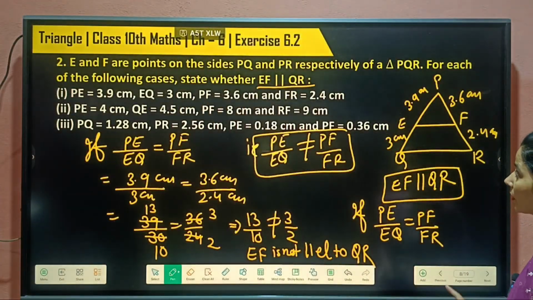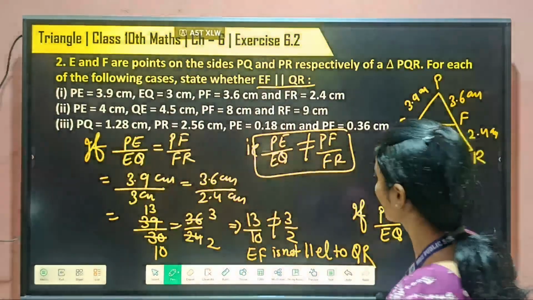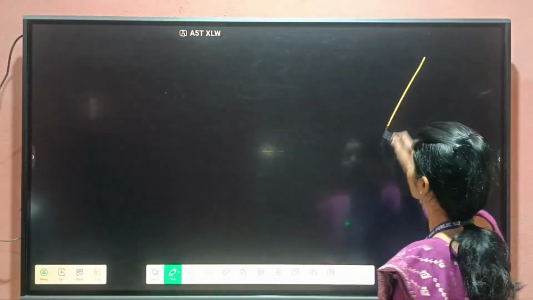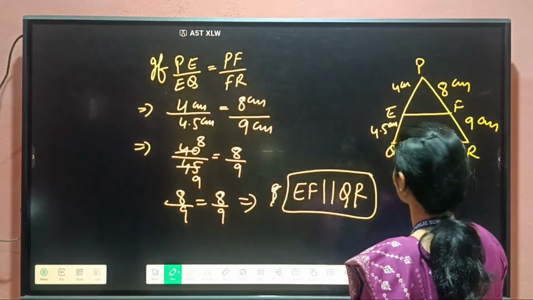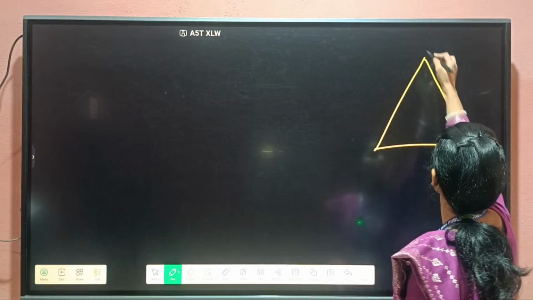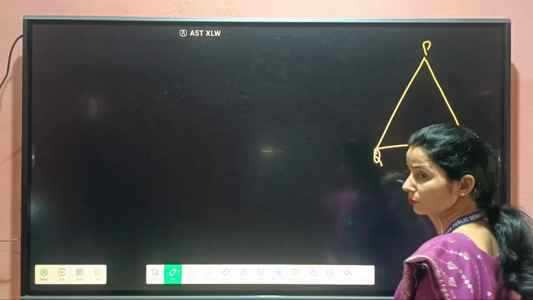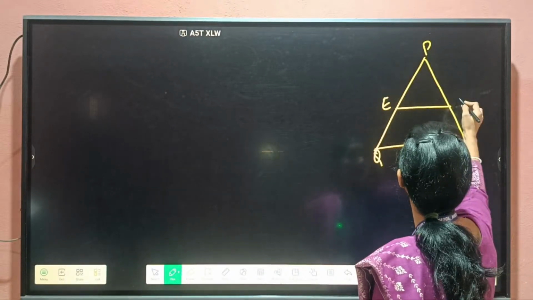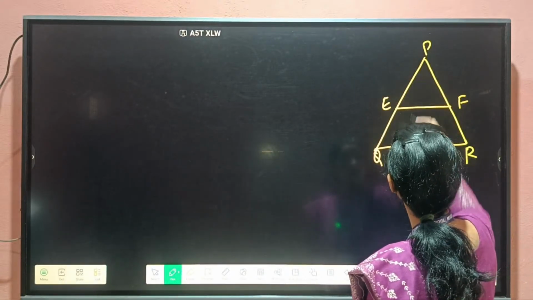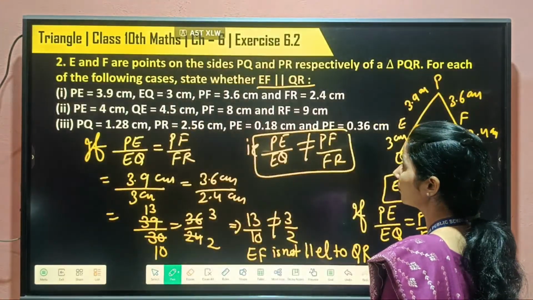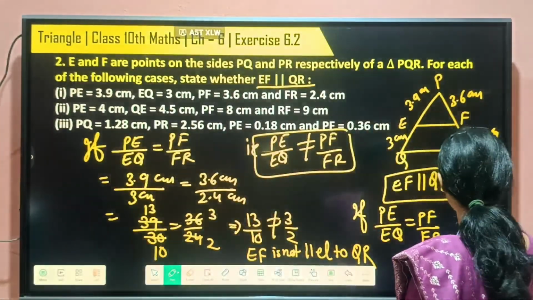Draw triangle PQR, and this is EF. Let us check the statement.